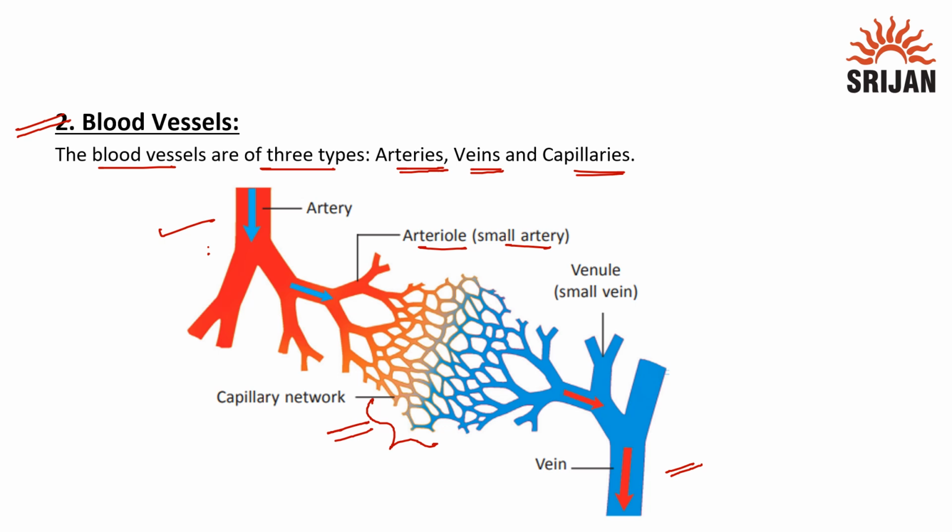This capillary network merges to form venule, that is small vein, and small veins combine together to form vein. Vein carry deoxygenated blood. So this is artery, this is capillary network and this is vein.